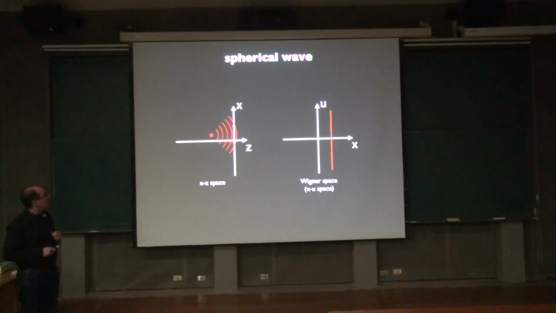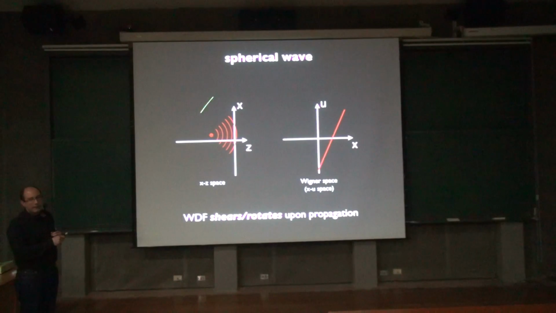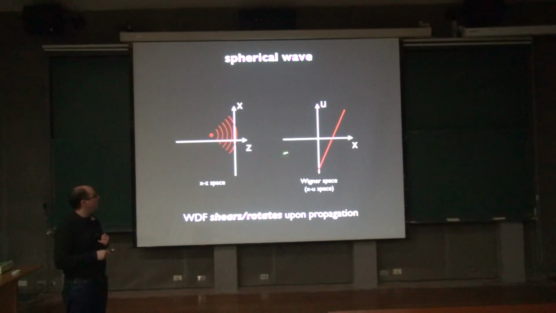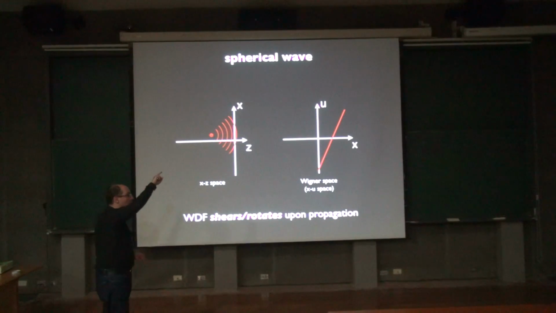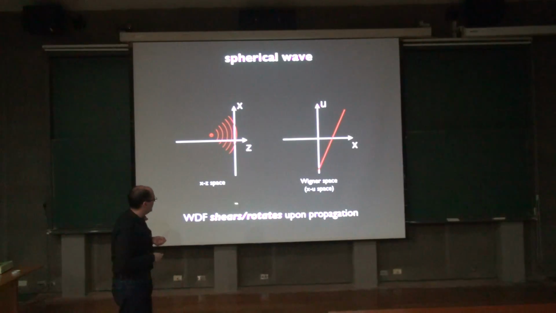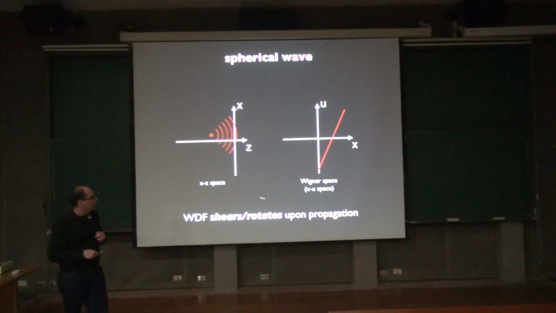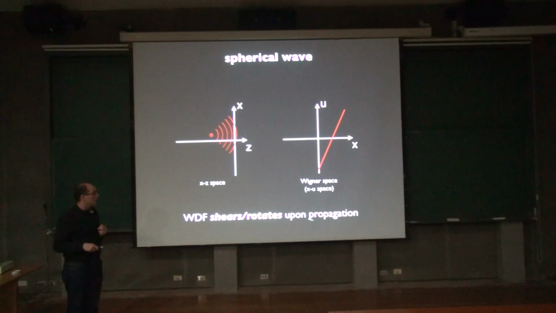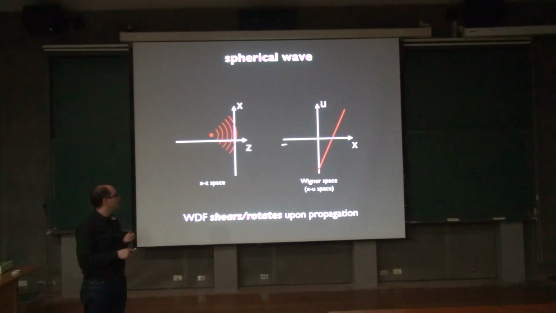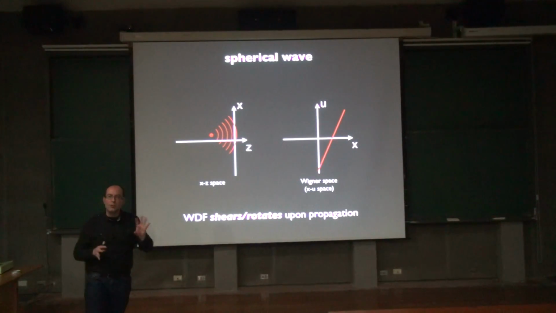Now, if I go to a spherical wave, it corresponds to a coordinate shift in the real space. In Wigner space, what happens is the line will rotate. And that is kind of interesting, and it can be generalized. It says that upon Fresnel propagation, the Wigner distribution actually rotates or shears.